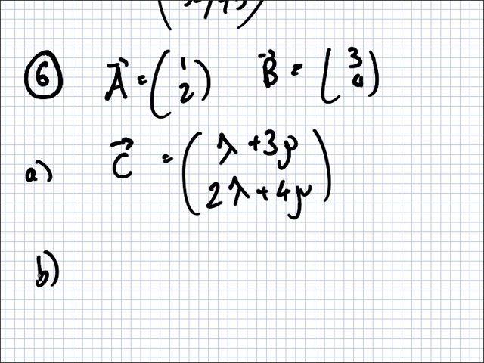Just it's too simple. I thought that C was lambda, for example, like one lambda, 5 mu, and then just equals 1. Hmm.